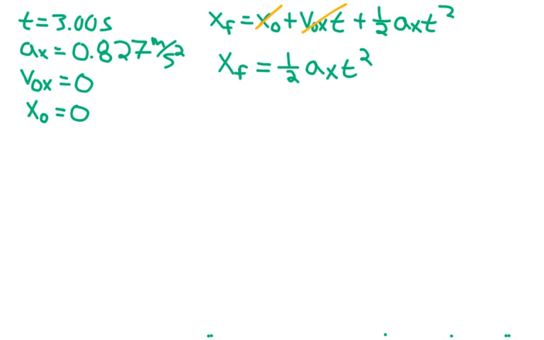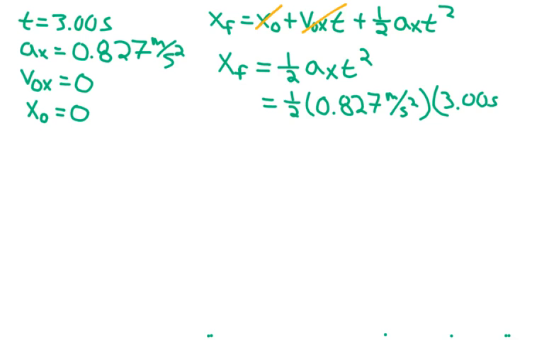Plugging in my ax that I solved for using Newton's second law, and plugging in my time, which is 3 seconds, I get 1/2 times 0.827 meters per second squared times 3.00 seconds. Don't forget to square your time.